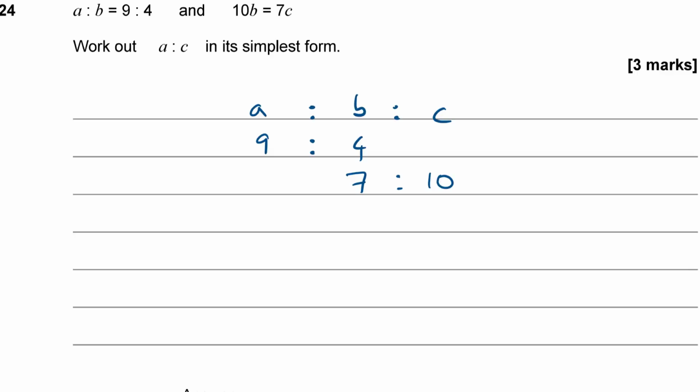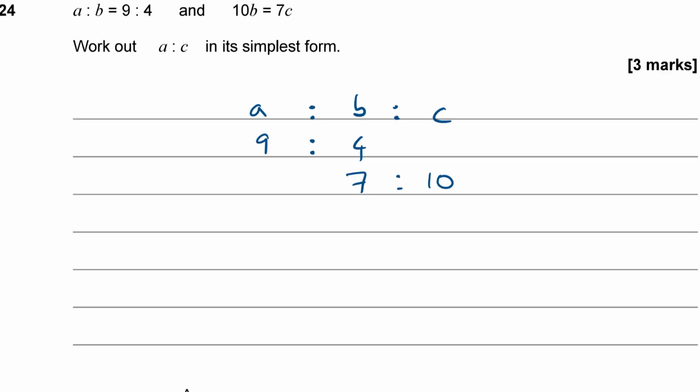Okay, so I know that A to B is 9 to 4 and B to C is 7 to 10. So what I want to try and do here is come up with a number that's a multiple of 4 and 7, so I can express all this as one ratio, and then I can compare my A with my C. So 4 times 7 is, 4 sevens are 28.